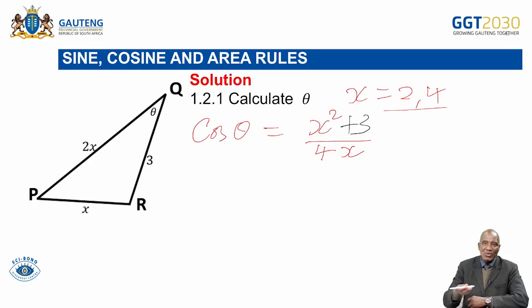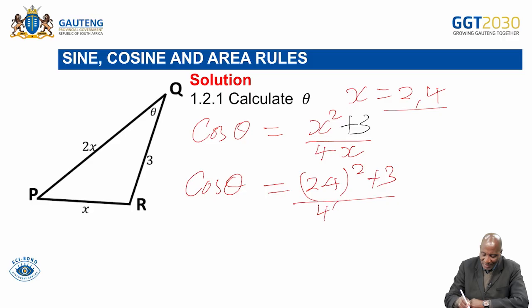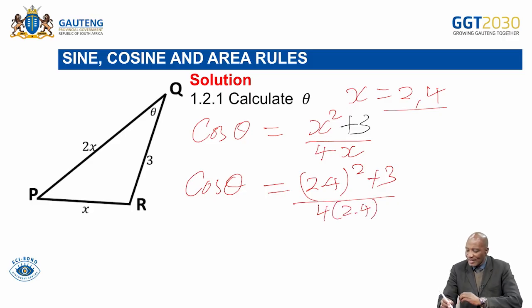Right, so next we are given x, we just substitute. So our cos theta is equal to 2.4 squared plus 3 divided by 4 multiplied by 2.4. Can you quickly simplify this for me and tell me what you get? We have just replaced our x with 2.4.